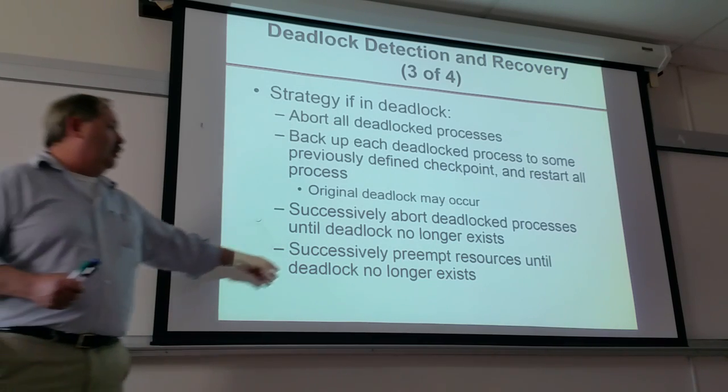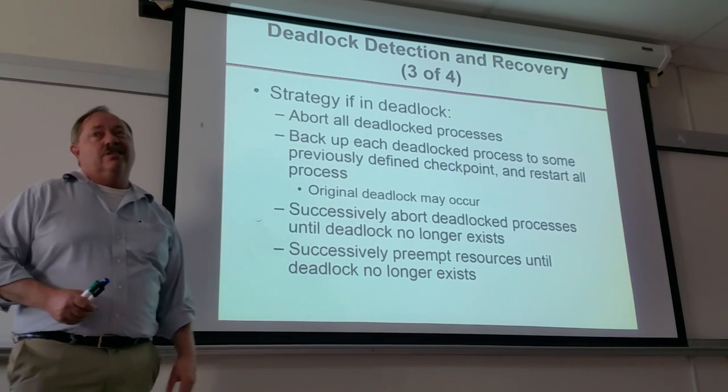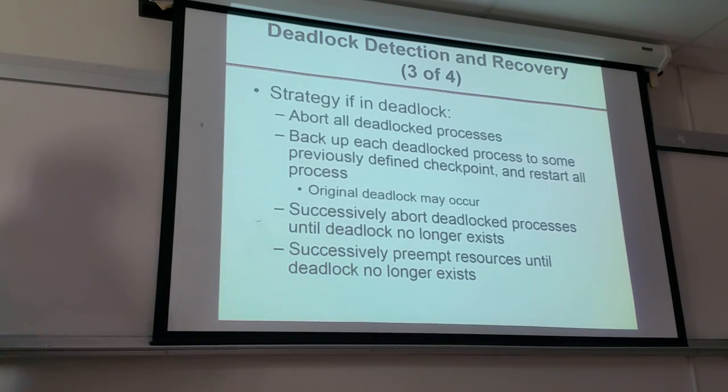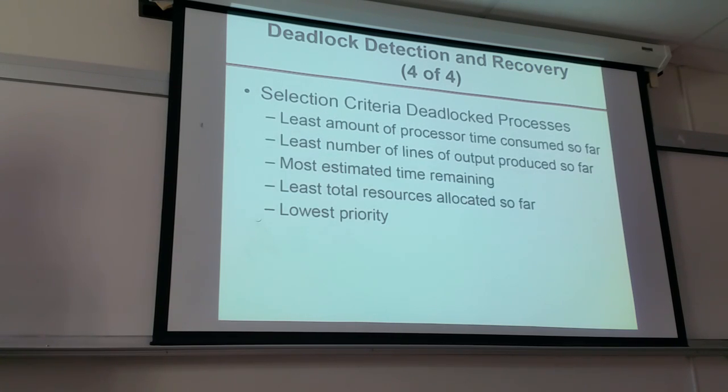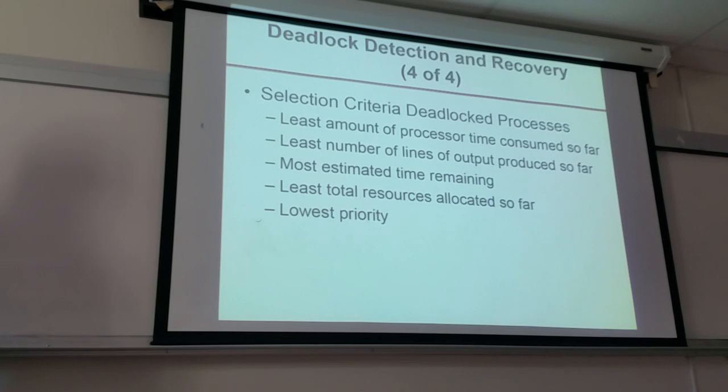I may be doing a lot of preemption. It's a lot of heavy work. It doesn't really help us. So recovering from deadlock is not a good, there really isn't a good solution here, is there?